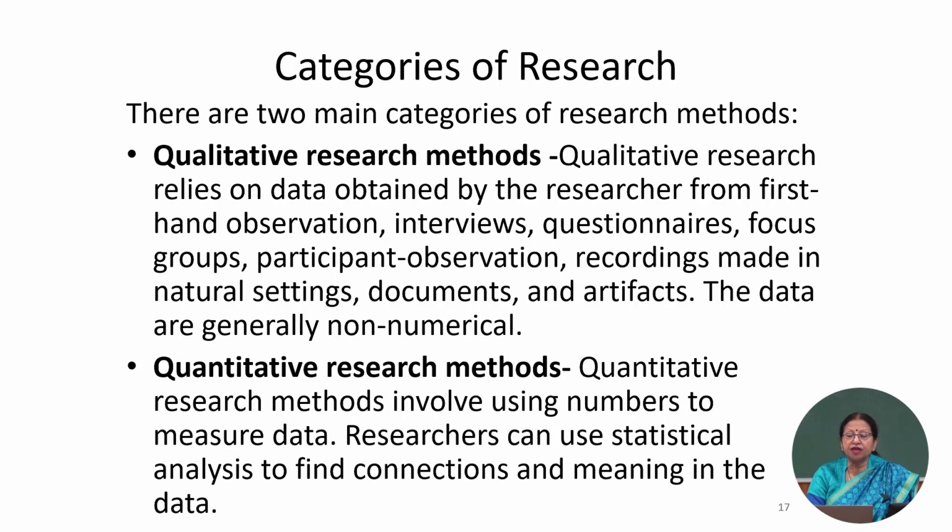Whereas the other type of research method is quantitative research, where the research method involves using numbers to measure data. Researchers can use statistical analysis to find connections and meaning in that data.